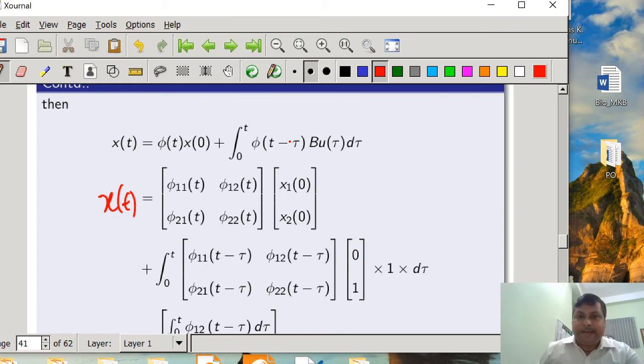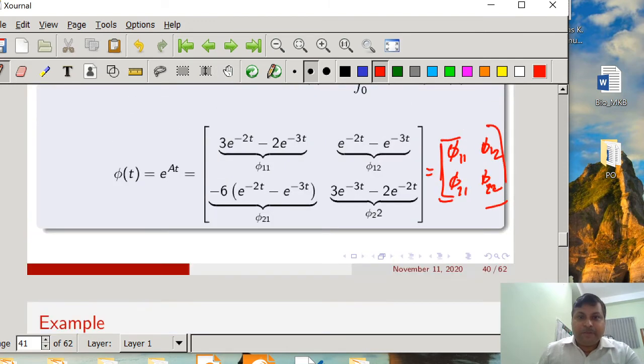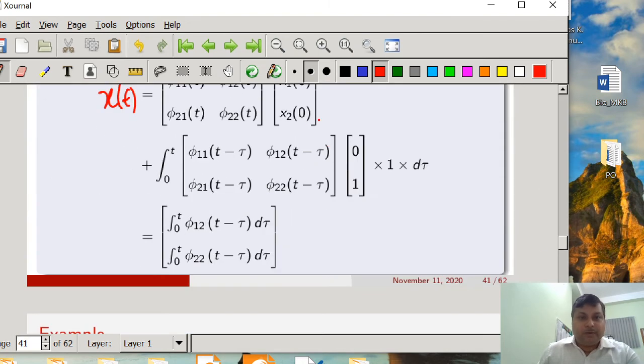If we have the knowledge of phi of t, then we can easily calculate phi of t minus tau, which is why it has been written as phi 1 1 of t minus tau. There are 4 terms, then B is 0 and 1, and u in the time domain is a unit step, that is 1, into d tau.